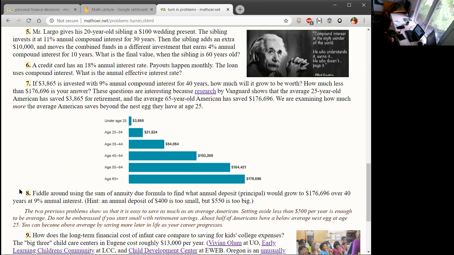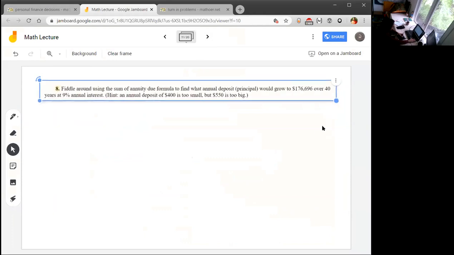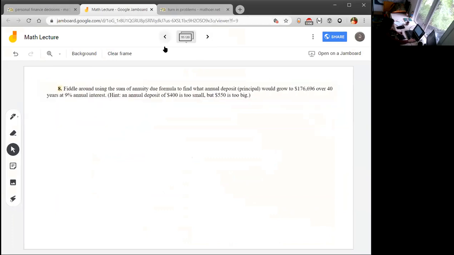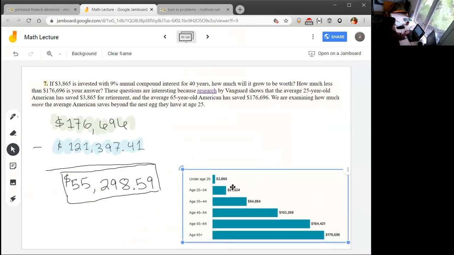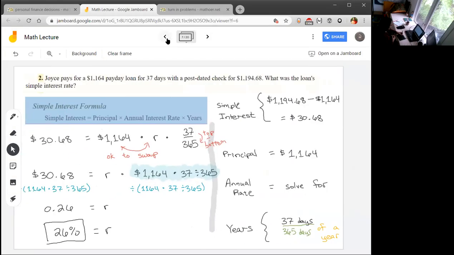Should we do number 8 together? Sure. The other way to think about this is if we were to use the sum of annuity due formula.